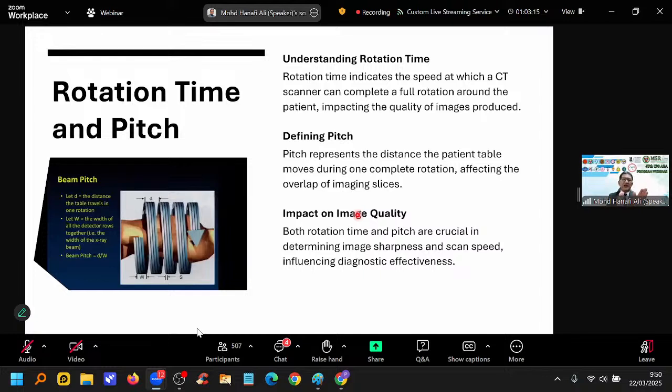If we have a pitch more than 1, we can say that we skip a certain area and we can have a lower dose to the patient compared to if we use one table travel over collimation. If we use less, meaning that we can have higher image quality, but we put extra dose to the patients and the time becomes longer. Okay. Before I forget, I might repeat this later, okay?